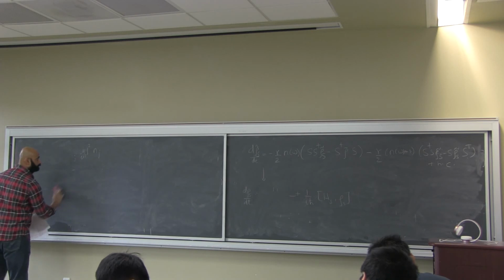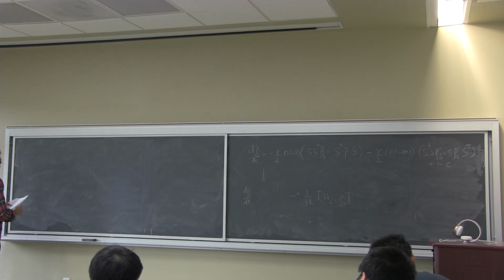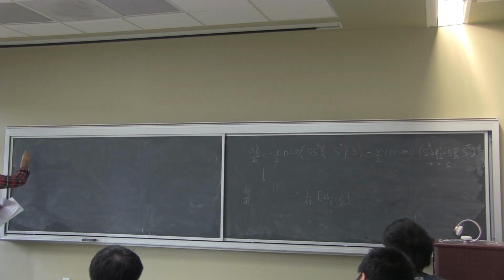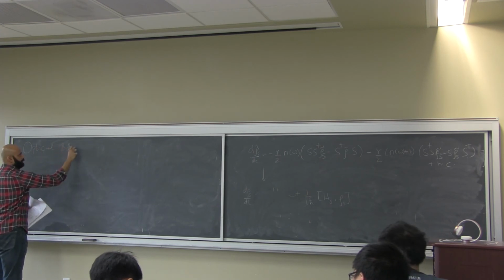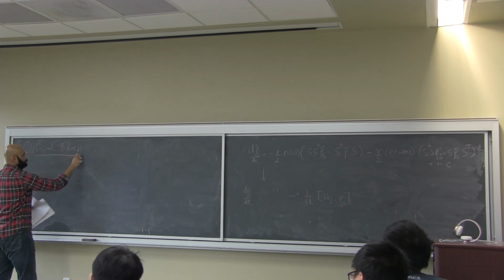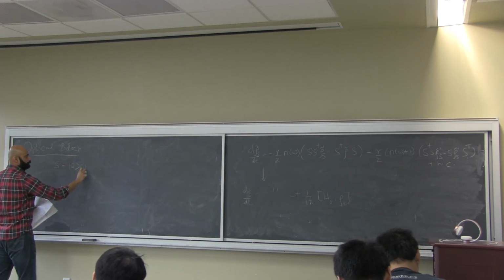Okay. So now, this is the topic that I call the optical Bloch equations, which are very important. And that's because we can actually write down what that system operator S is. We know that S is simply |2><1|.